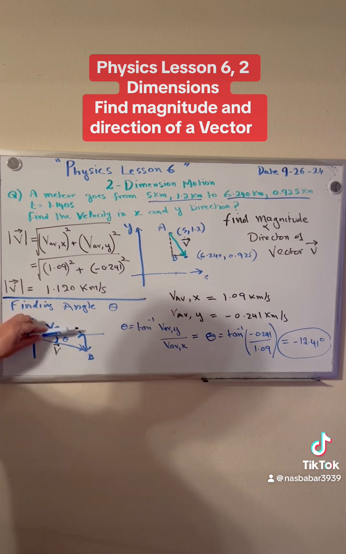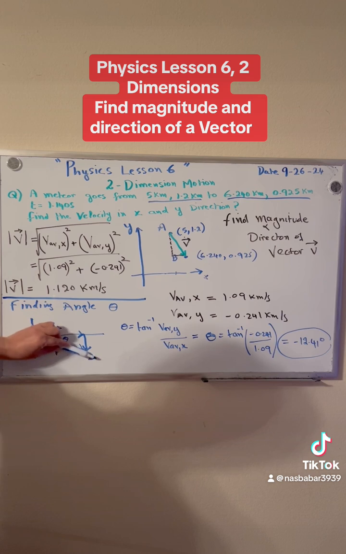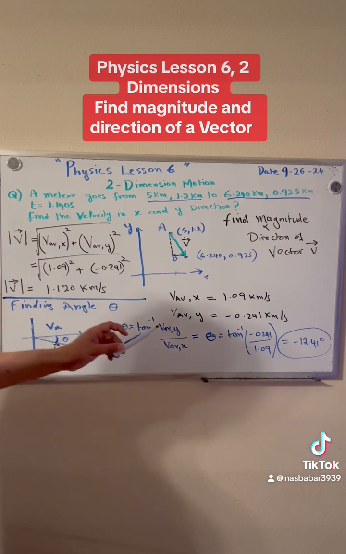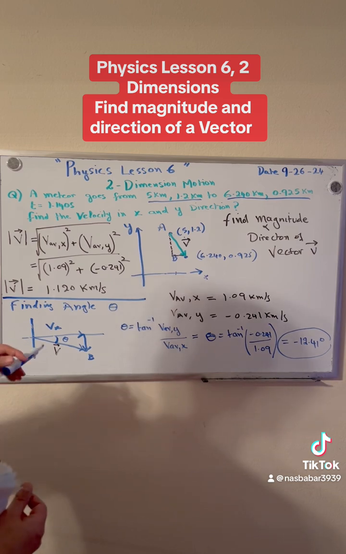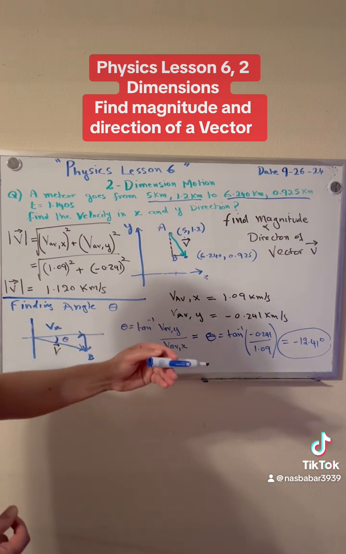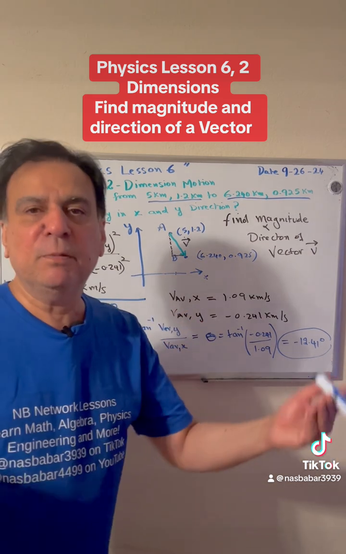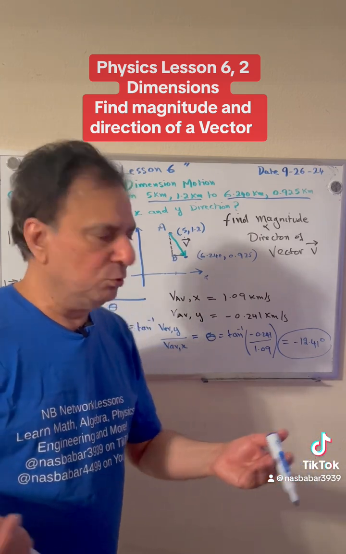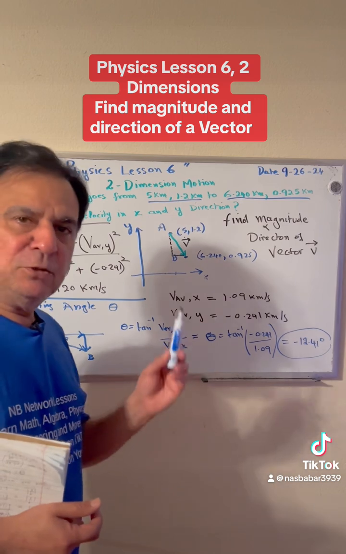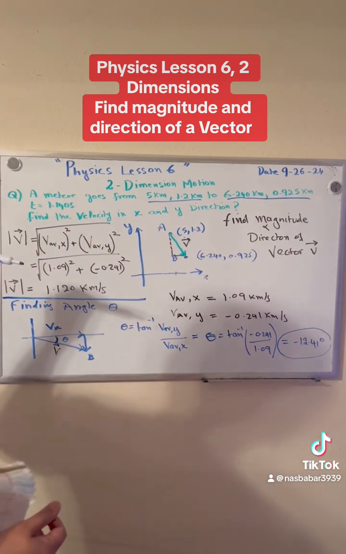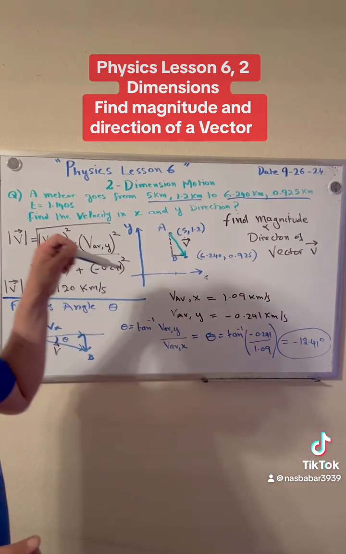So this angle is negative because it's below the x-axis right here. I could make this 360 minus 12.41, which would give me a positive angle. That would be a correct answer too. But this minus sign has some significance: your vector's direction is below the x-axis, going like this.